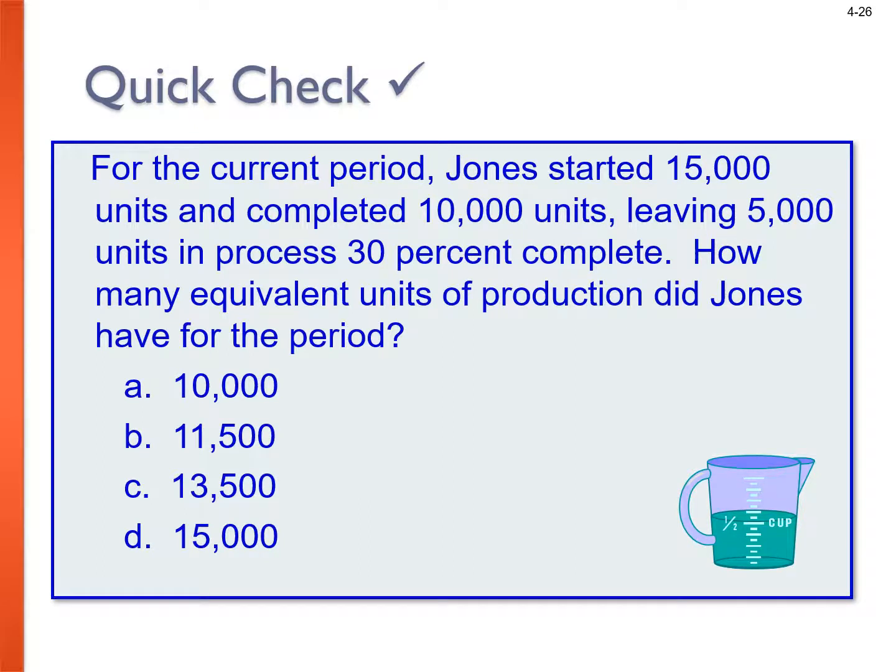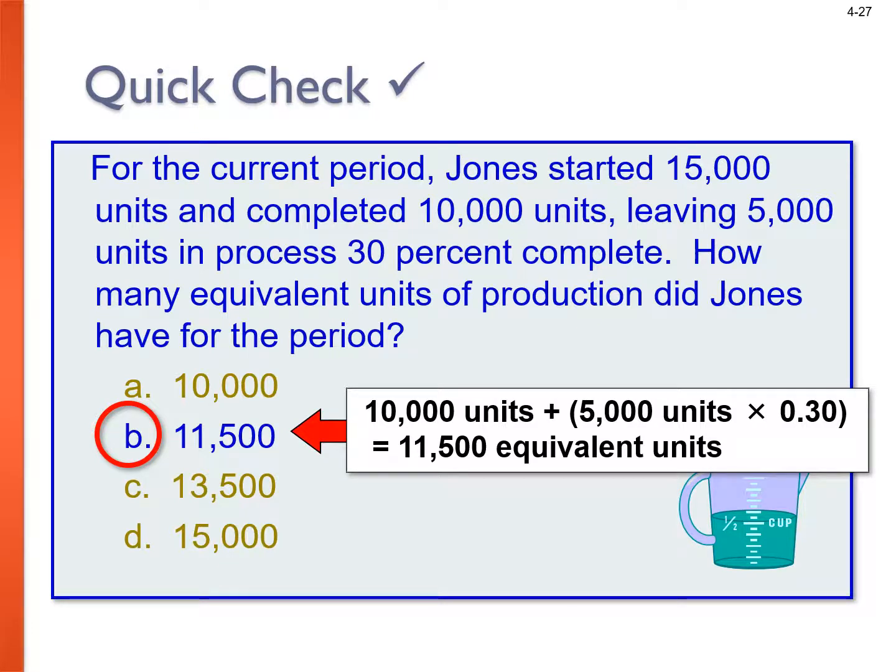So for the current period, Jones started 15,000 units. You could jot this down. They completed 10,000, leaving 5,000 in process, 30% complete. So how many equivalent units of production did Jones have? If you were right, they completed 10,000.